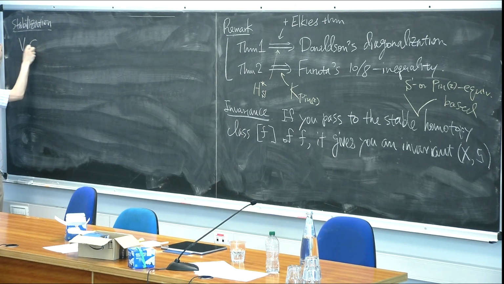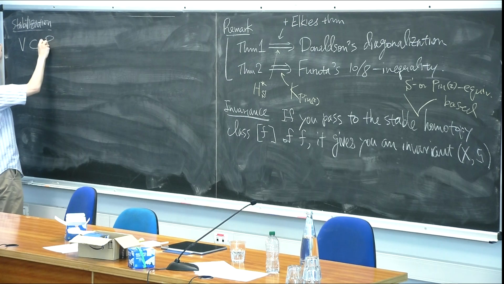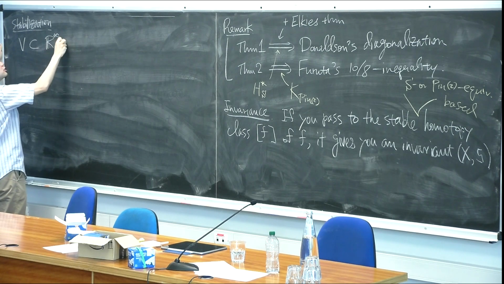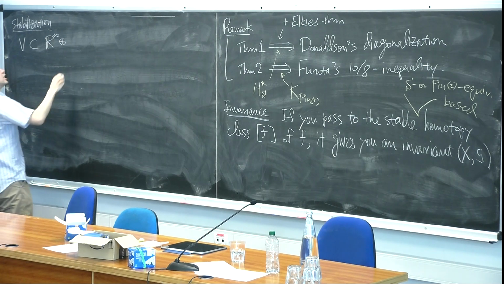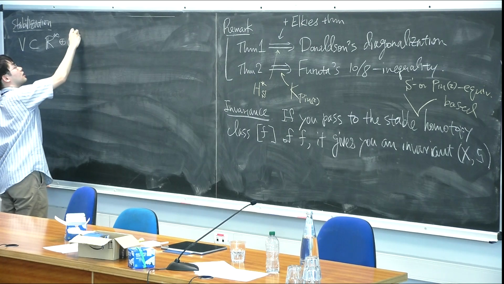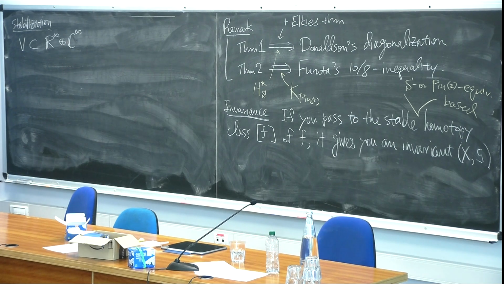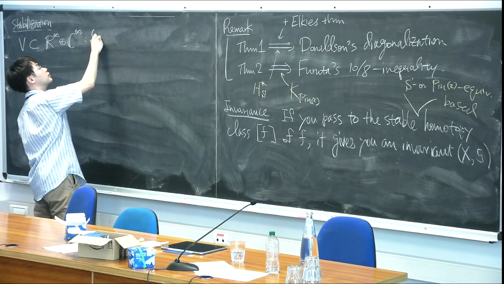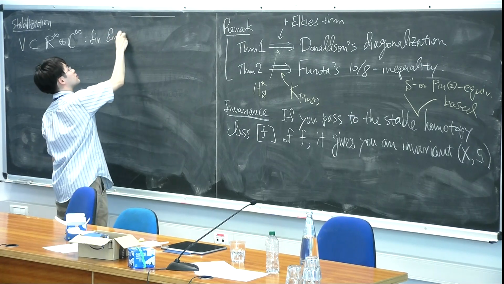Let me have a finite dimensional vector subspace of, like, union of this real representation and this complex representation.